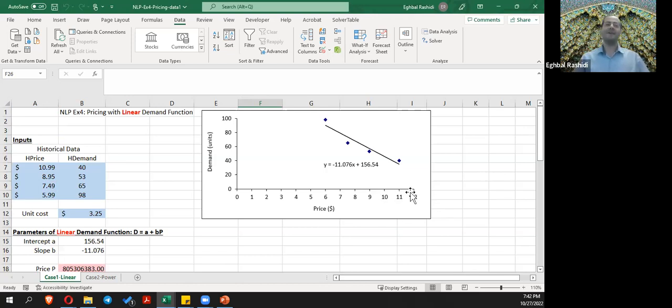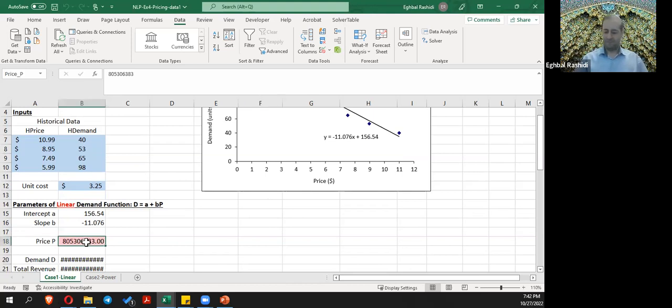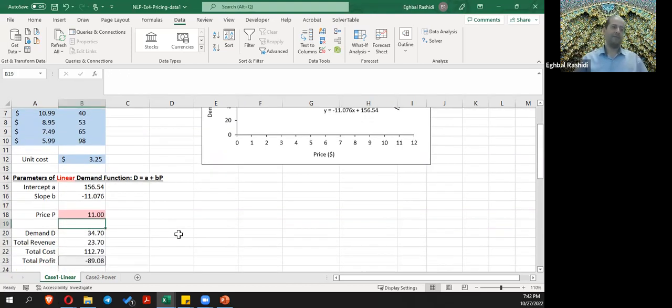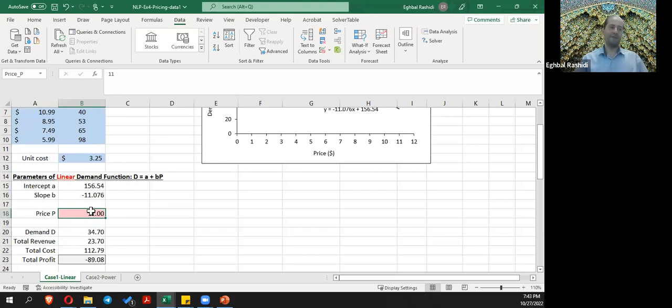So I'm going to say that the price cannot be greater than 12, for example. Or 15, say.